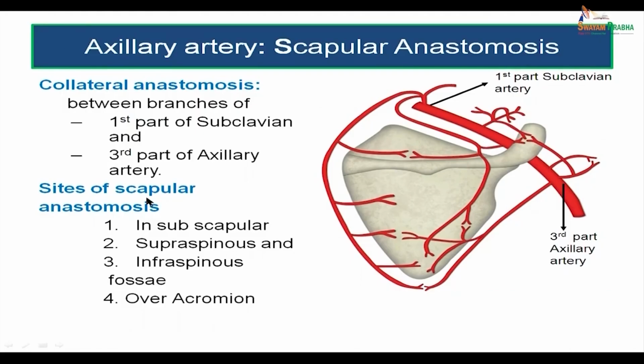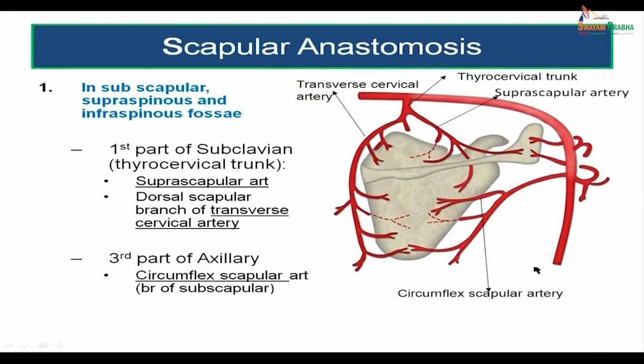The sites of anastomosis are in the subscapular fossa, in the supraspinous fossa and infraspinous fossa, and over the acromion process. In the subscapular, supraspinous and infraspinous fossa, we have these branches.